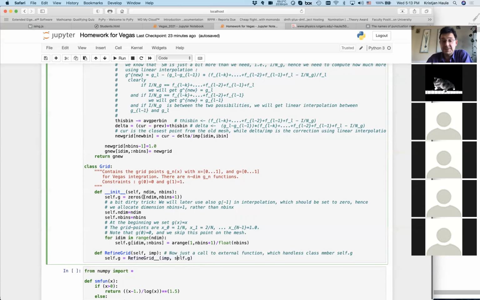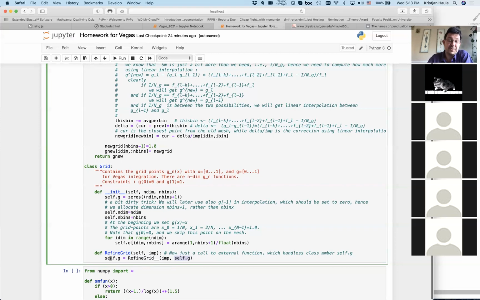Now, however, it turns out that when you use Numba, it doesn't behave that way, which surprised me. So when you use Numba, then if you change self G inside the function refine grid, it will not get changed. Anyway, it's not a good idea to change it, because this is not Pythonic.